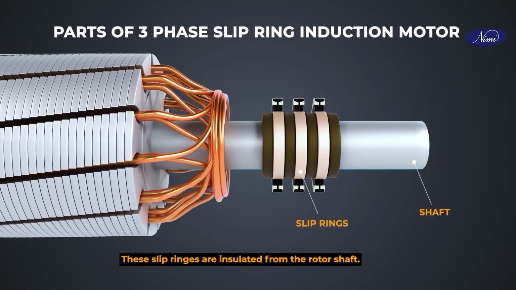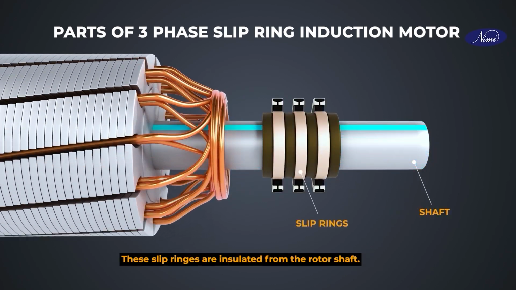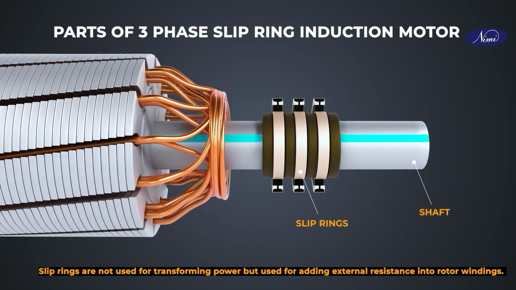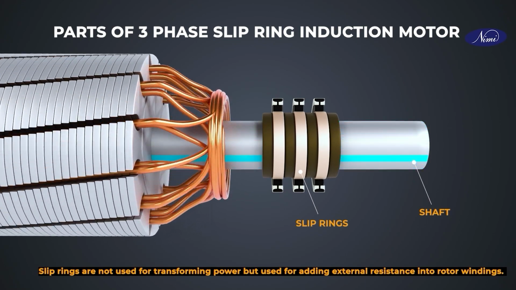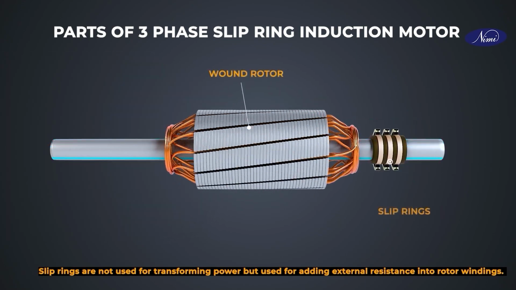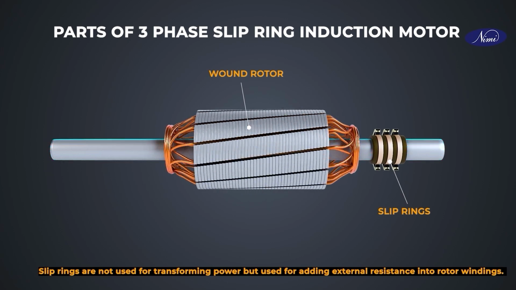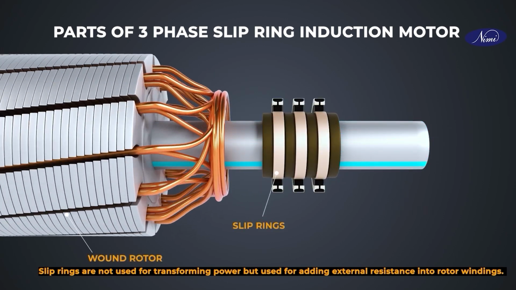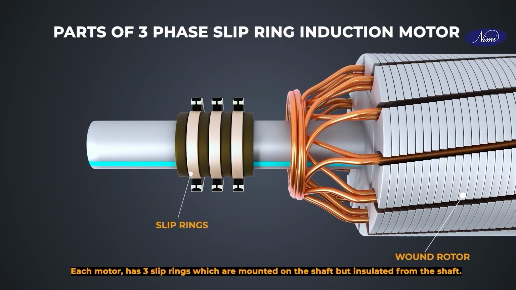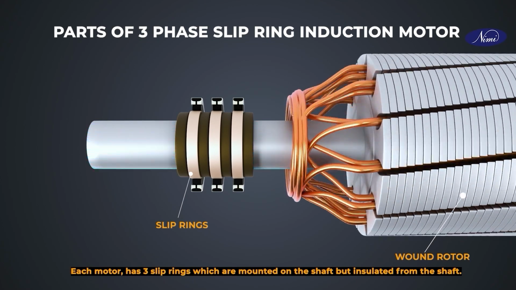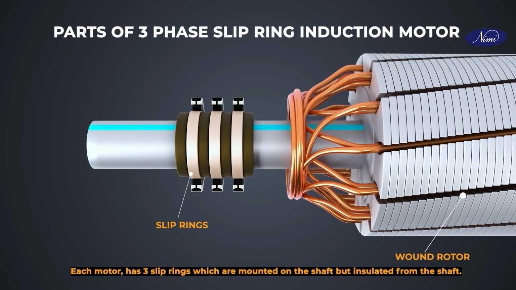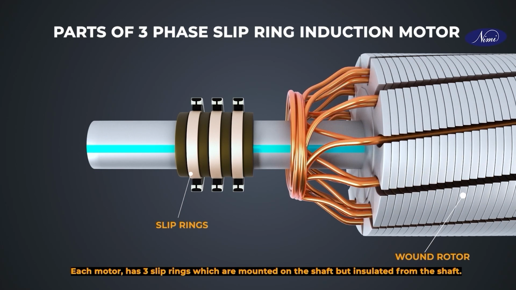These slip rings are insulated from the rotor shaft. Slip rings are not used for transforming power but used for adding external resistance into rotor windings. Each motor has 3 slip rings which are mounted on the shaft but insulated from the shaft.